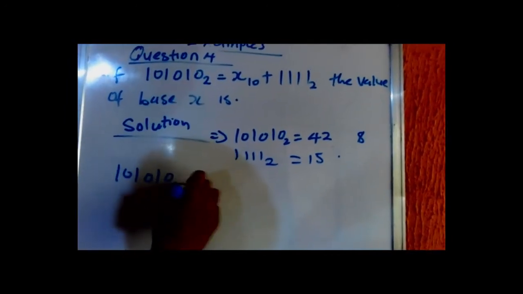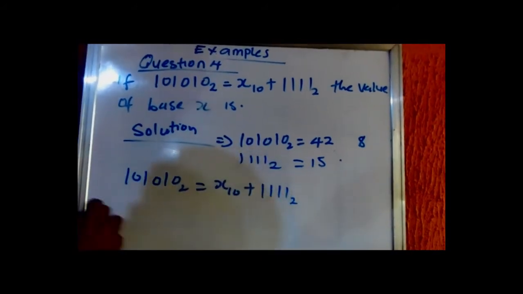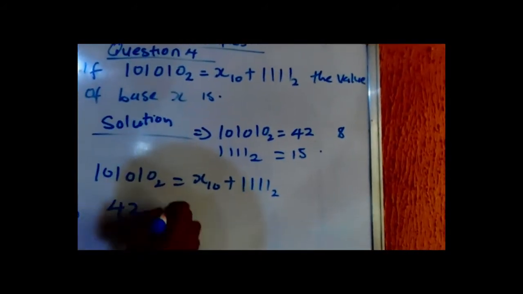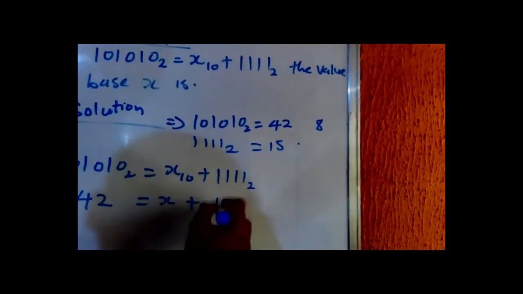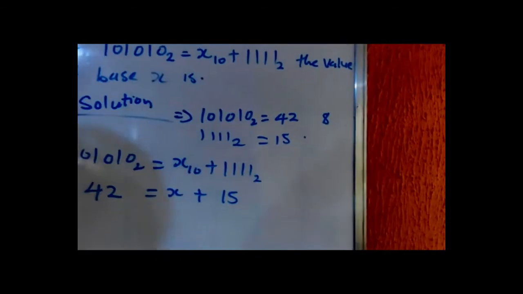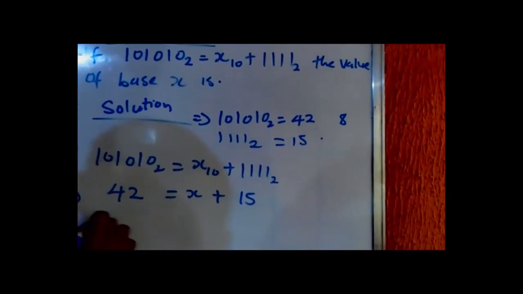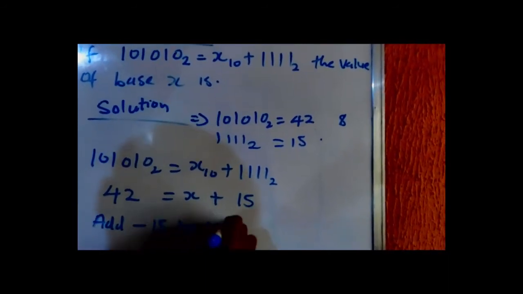So 101010 base 2 equals x base 10 plus 1111 base 2. So this is 42 equals x plus 15. So I can decide to add minus 15 to both sides.